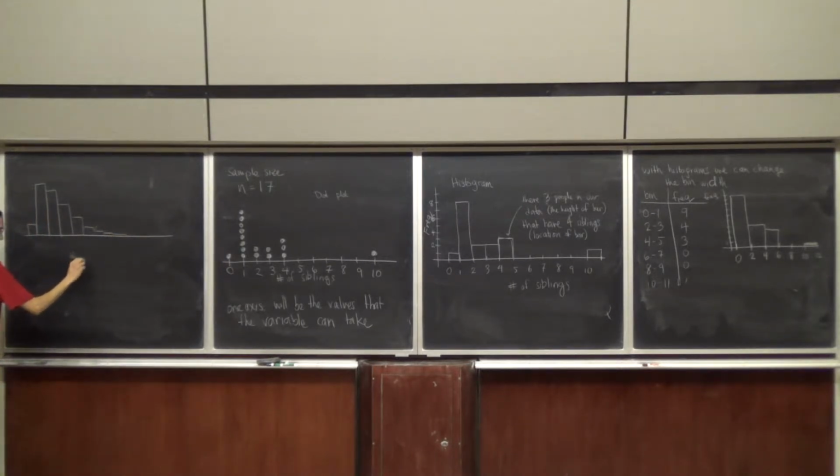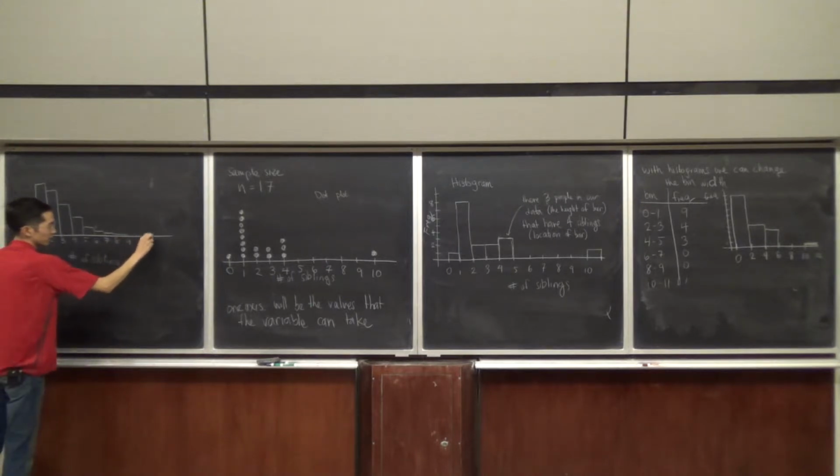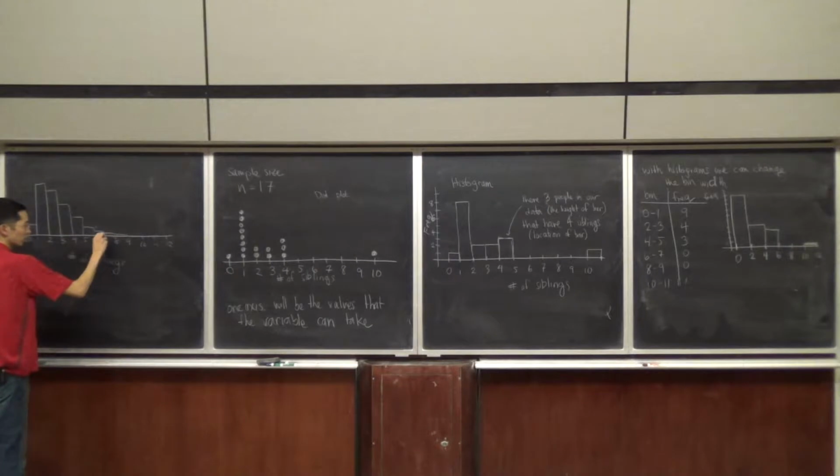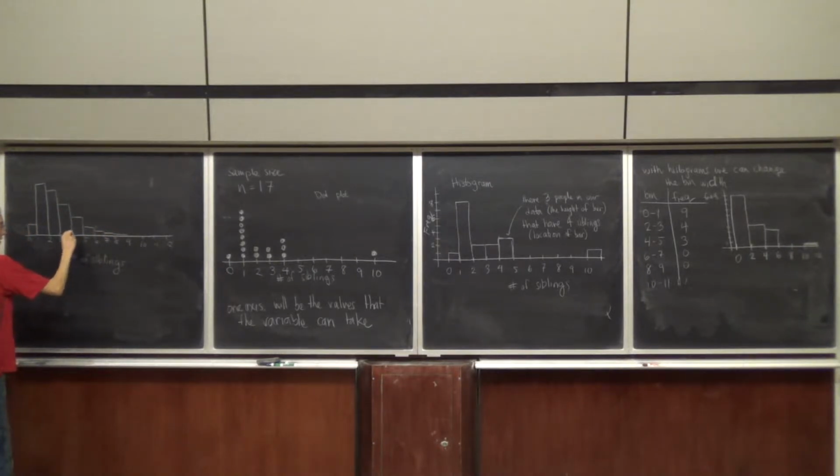The number of siblings. 0, 1, 2, 3. And of course, this frequency.